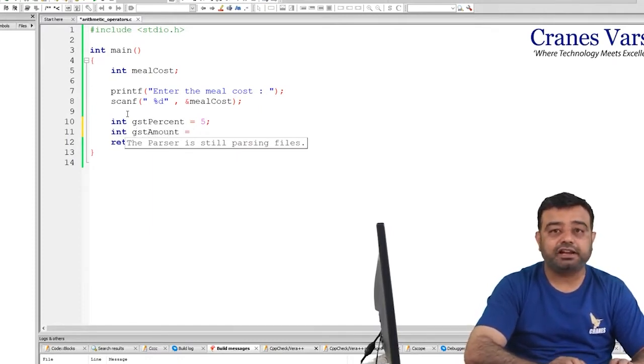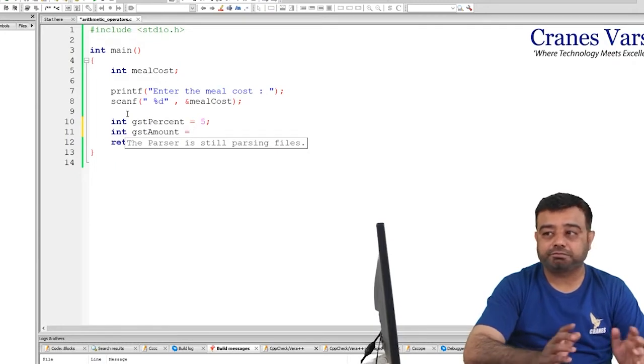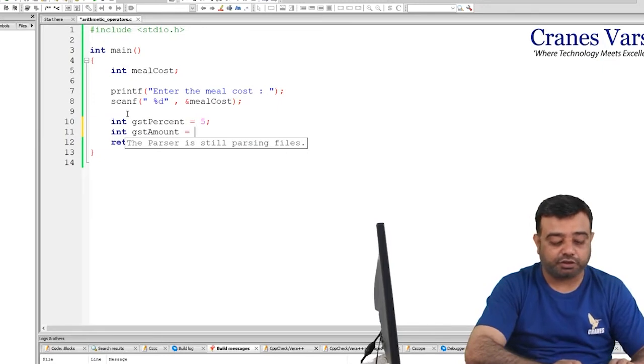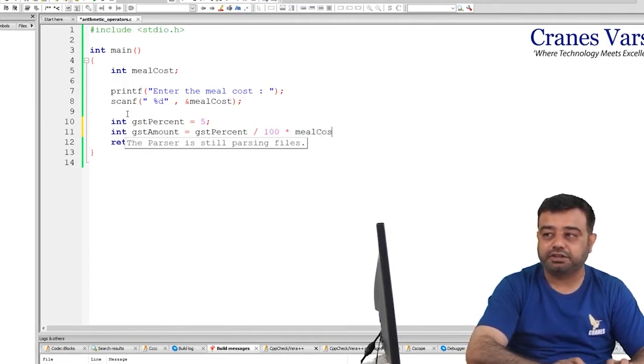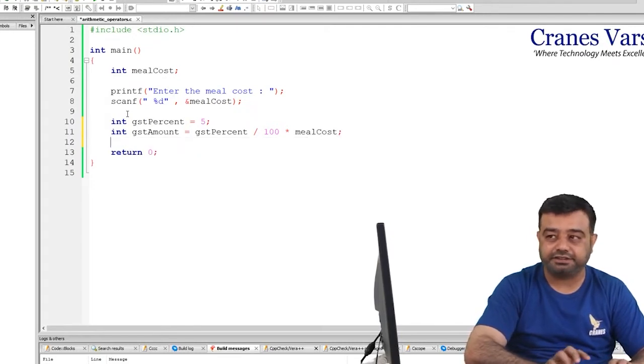So how do I calculate the GST amount? If the GST percentage is 5, then it is 5% of the meal cost. So how do I get 5%? I'll write GST percent divided by 100, the 5 by 100, times meal cost. So I calculate the GST amount.